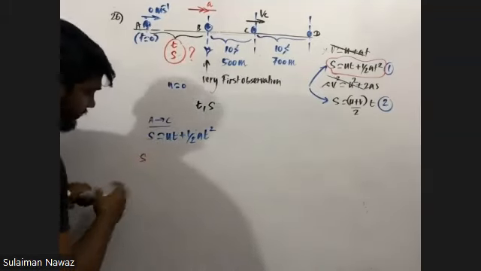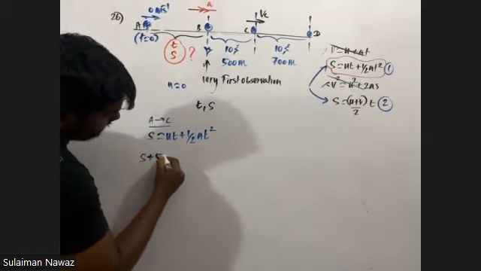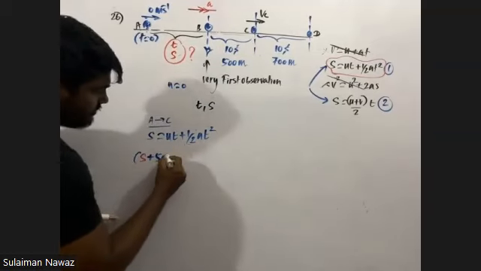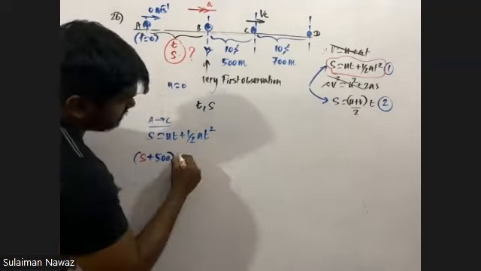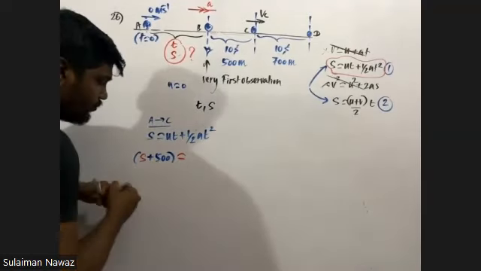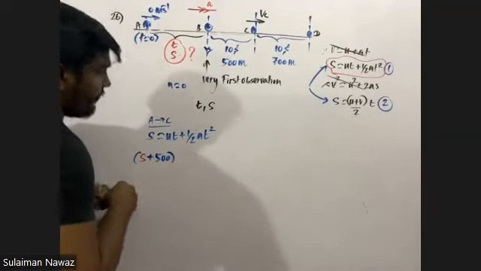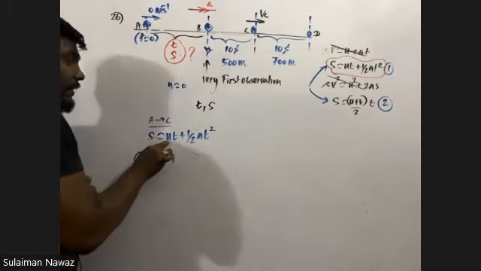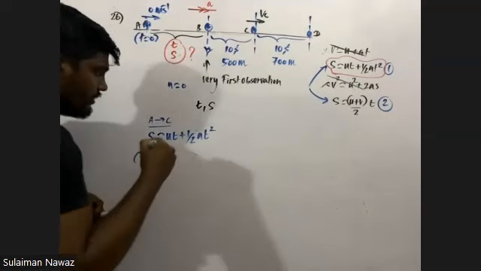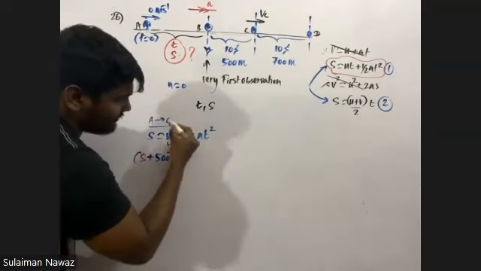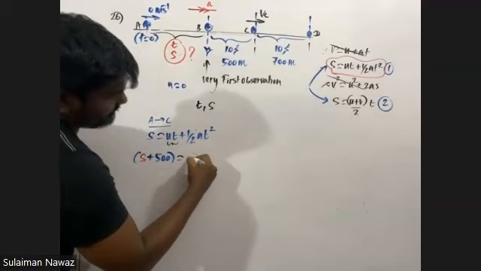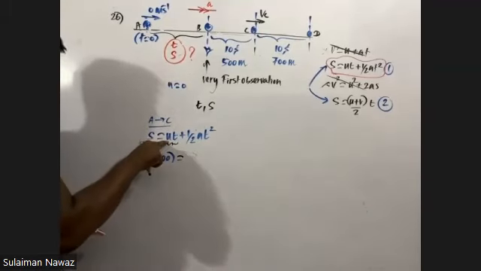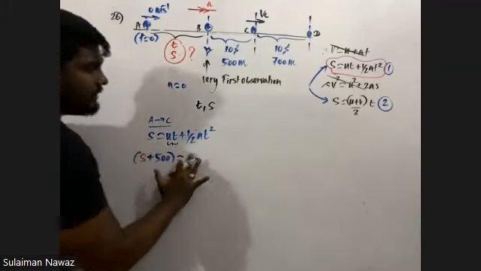S plus 500 equals, what is my U? Initial velocity, A to C motion. U means initial velocity at A, which is 0. This entire term will become 0, because U is 0.